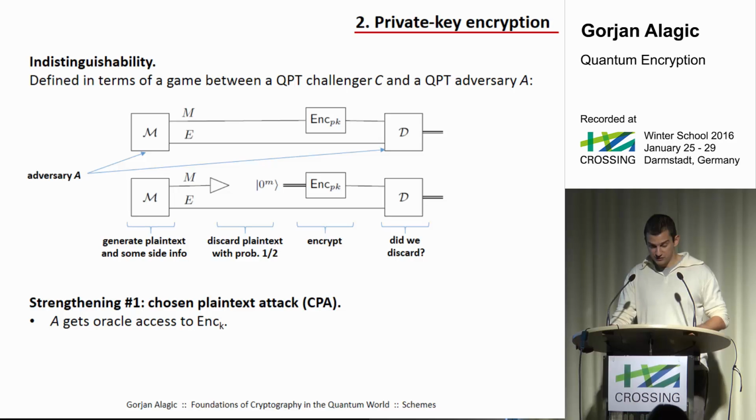The first strengthening is the so-called chosen plaintext attack, which says that the adversary throughout this entire game has oracle access to the encryption algorithm. In particular, the adversary can generate polynomially many encryptions of whatever messages he likes. But nonetheless, when the challenge phase happens, he must still guess this bit.